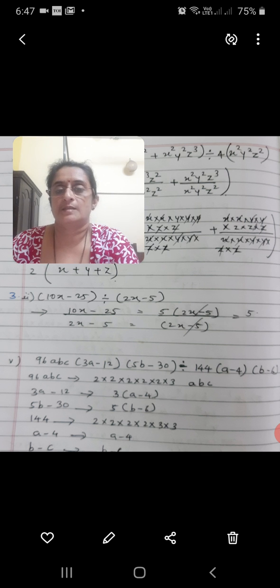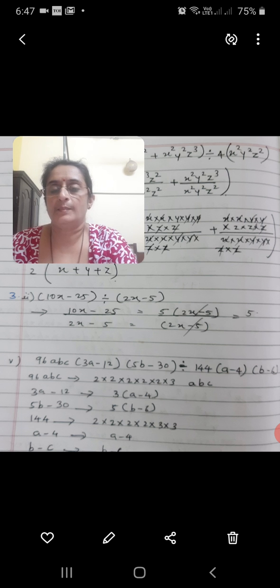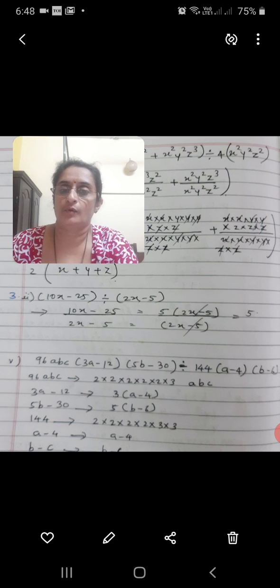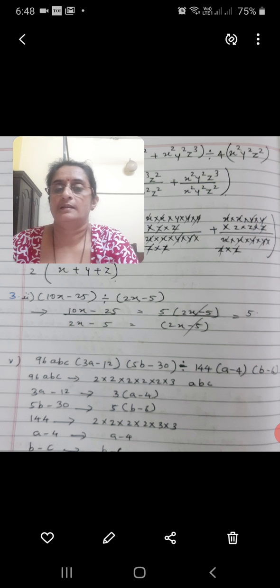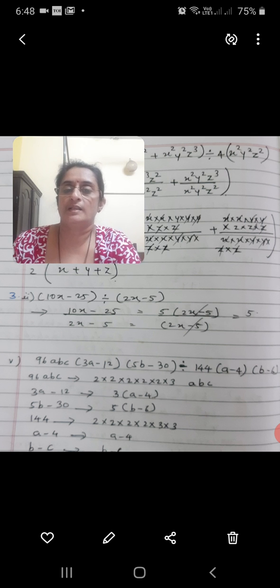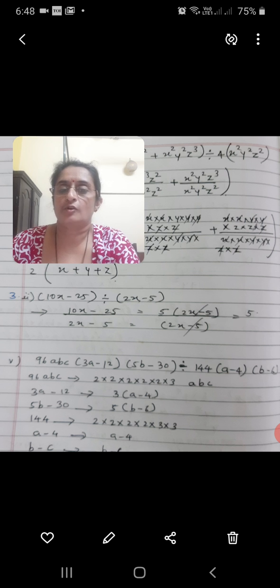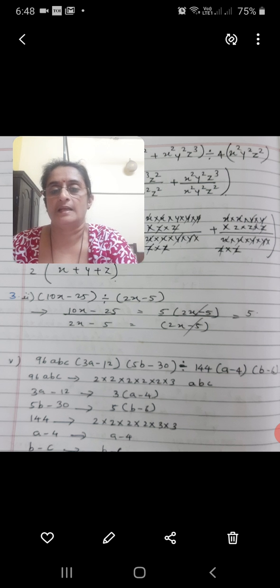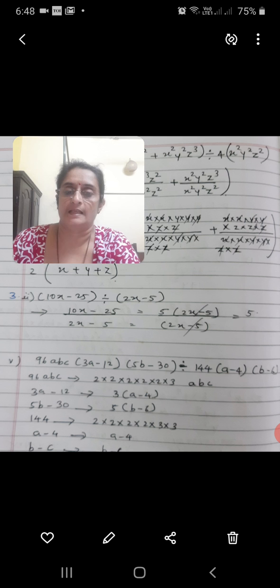Now let us split each term. So 96abc, if you split it, you will get 2 into 2 into 2 into 2 into 3, a into b into c. If you split 3a minus 12, what is common between them? 3 is common, take 3 out, a minus 4 will remain inside the bracket.